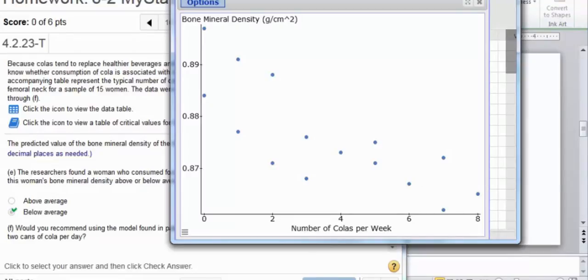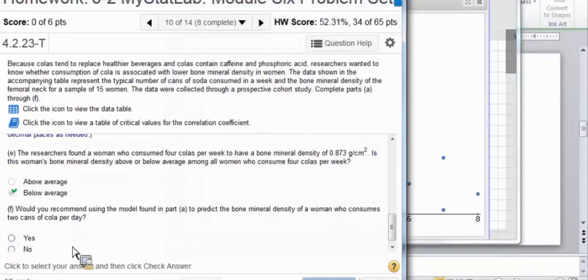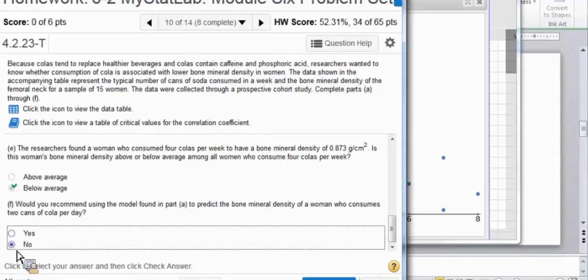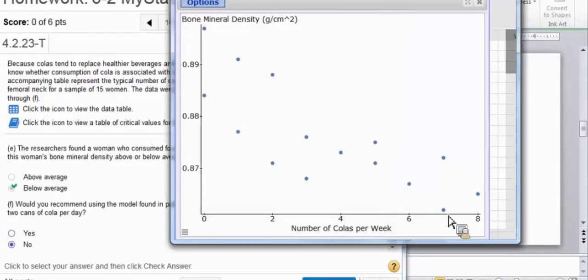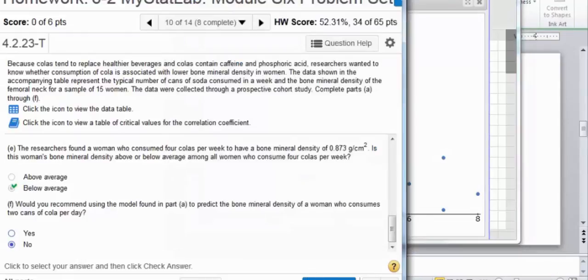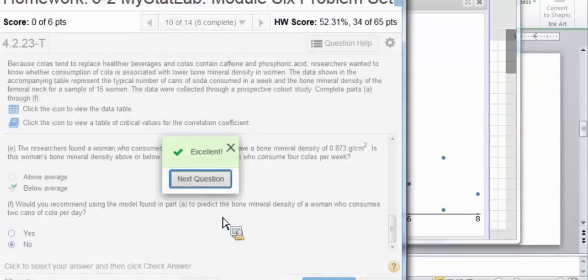Whenever we are trying to do something beyond the range of the data, it really is very tricky and dubious. In this case, we have no reason to believe that the pattern continues past 8, and so we should not use the model. The point is beyond the analysis range, is outside the analysis range. Okay, so that was problem 10.